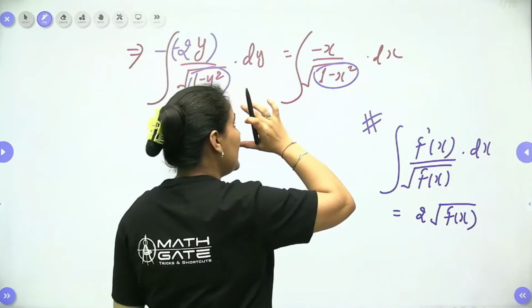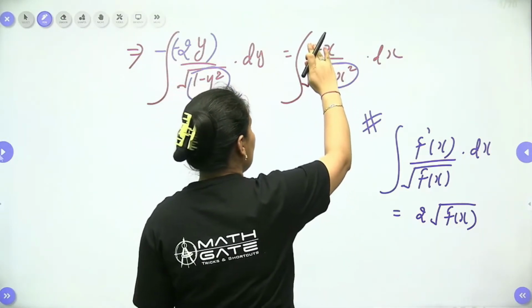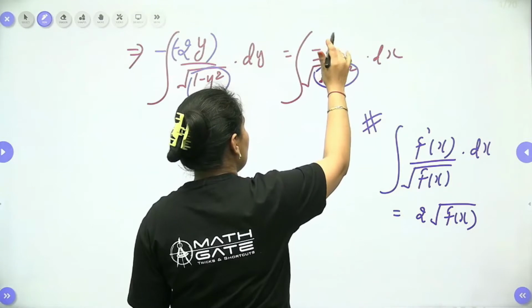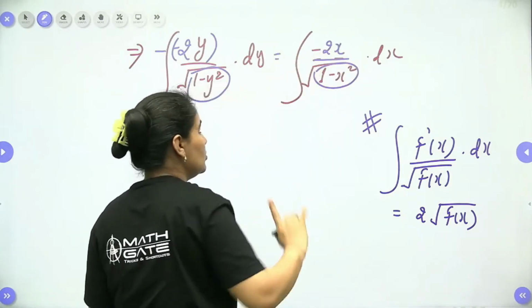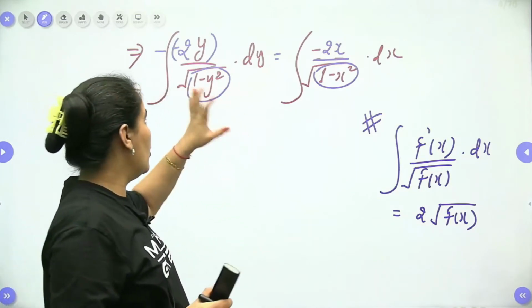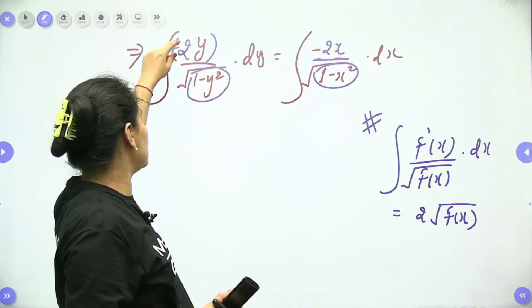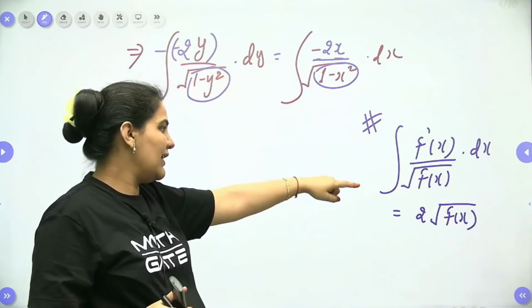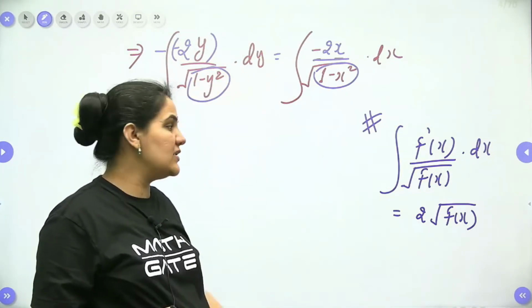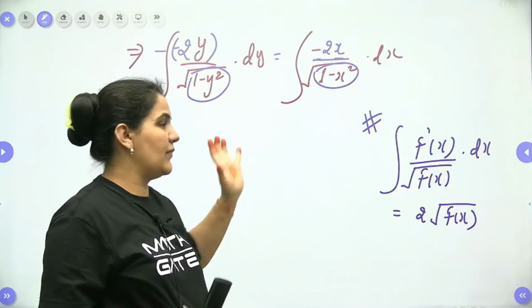Similarly here 1 minus x square, so the derivative will be, my dear students, minus 2x. Now here there is no need to multiply with the minus. So what I exactly did, I just multiplied with 2 on both the sides, right? So that I will get the function as it is. It will be of the f dash x by root of fx form.